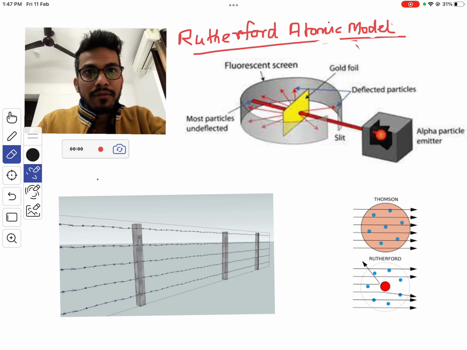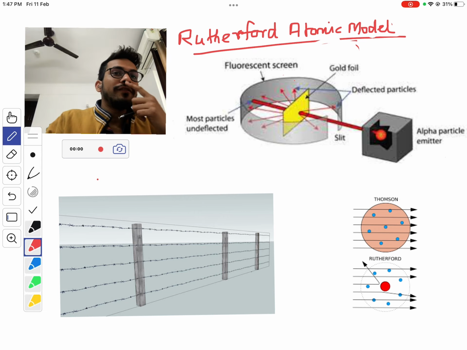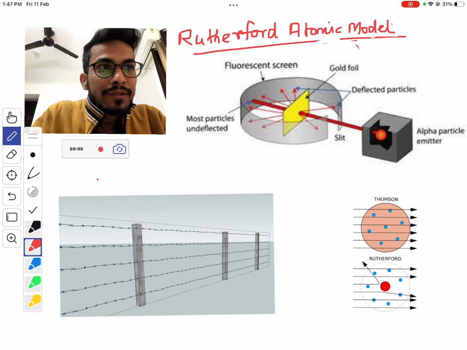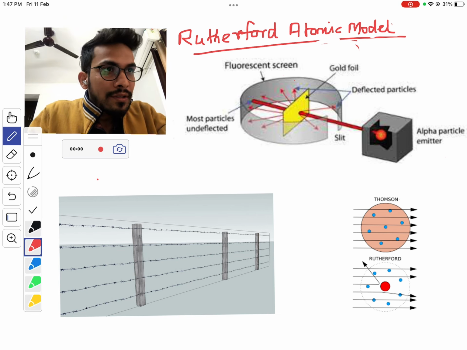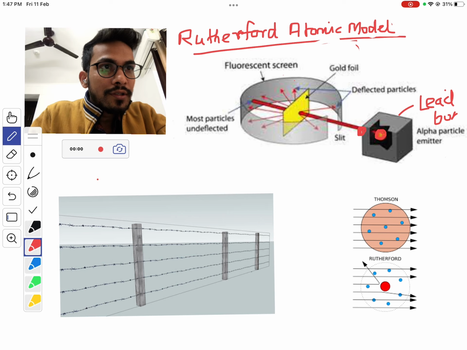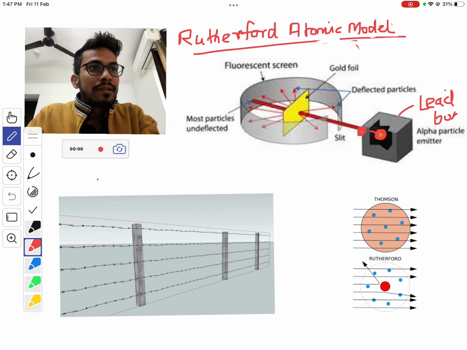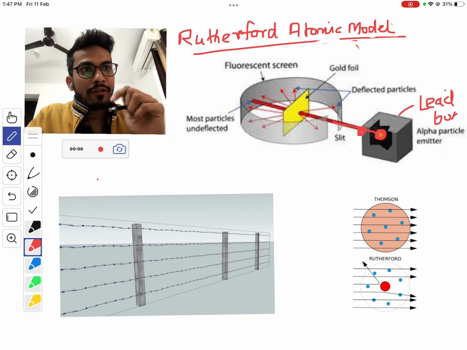Okay, so the first one is the alpha particle emitter, and the source is inside the lead box. This is basically a lead box. There is a small opening on this lead box, from which alpha particles pass in a straight line, because there is only a small hole.